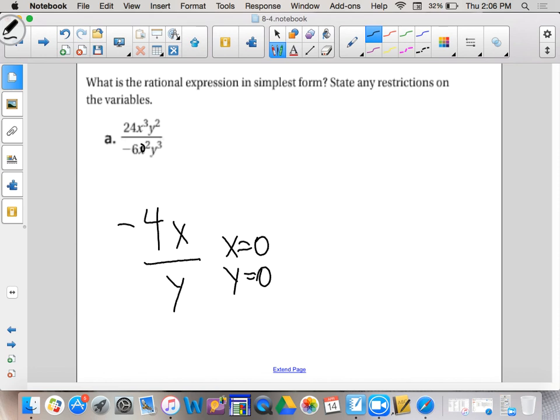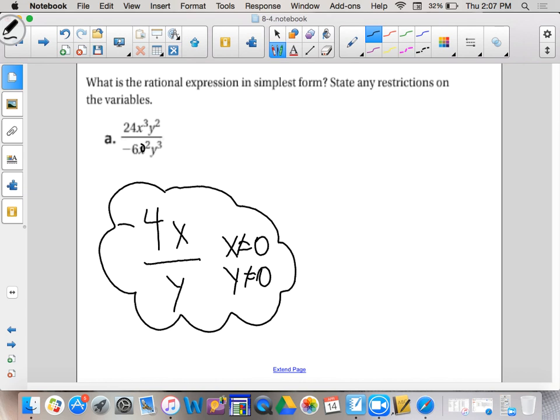What if I put 1 in for x? That would give me 1, and then if I multiply by negative 6, I get negative 6, and then y cubed. So that doesn't give me 0. The only thing that's going to give me 0 is 0. So that would be my restrictions: x can't be 0 and y can't be 0.